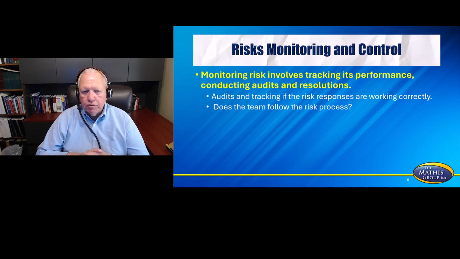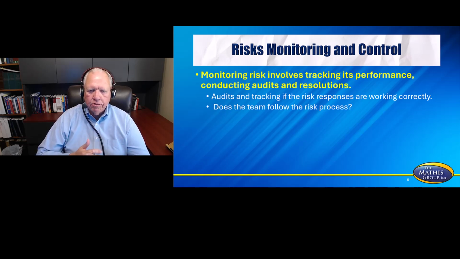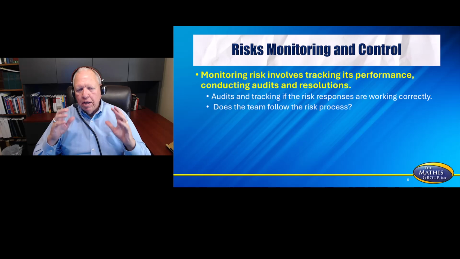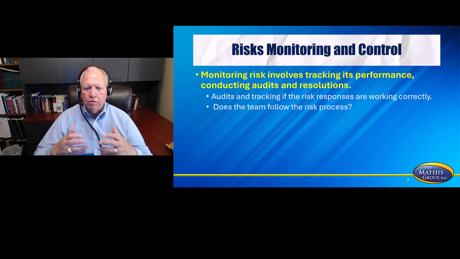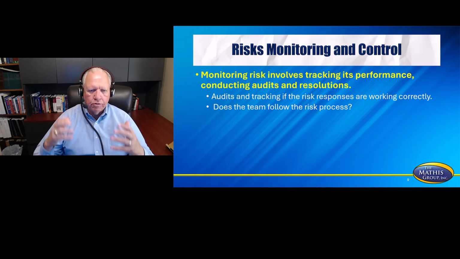And then risk monitoring and control. Monitoring risk involves tracking its performance, conducting audits and tracking if the risk responses are working correctly. Does the team follow the risk process? Everything about this slide reeks traditional because it's talking about following a process for risk, and it's talking about auditing and tracking and monitoring and controlling.